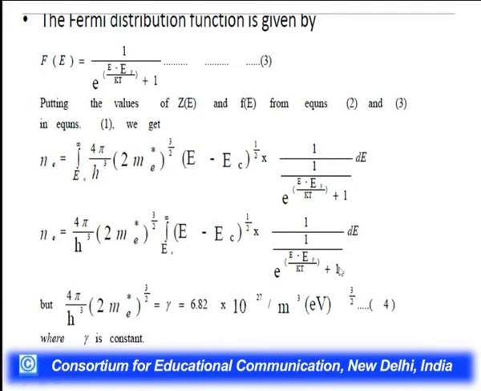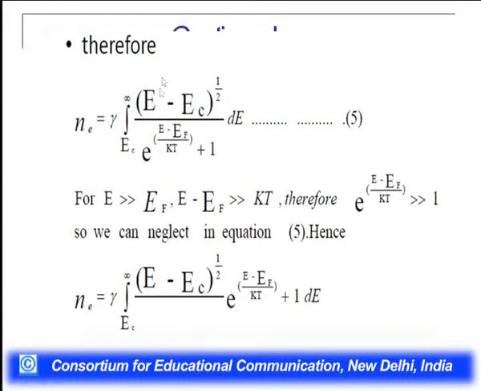We know that 4 pi by h cube (2 me) to the power 3 by 2 represents gamma, and its value is 6.82 times 10 to the power 27 meter cube electron volt. We put this constant value here and write it as gamma for simplicity, and the other part will remain the same.